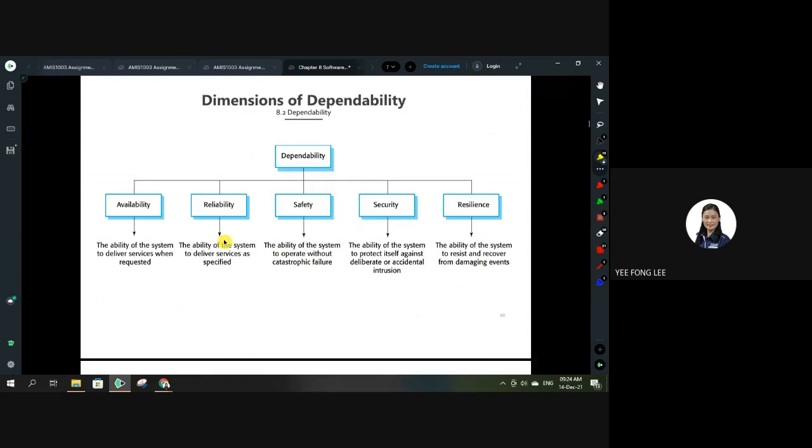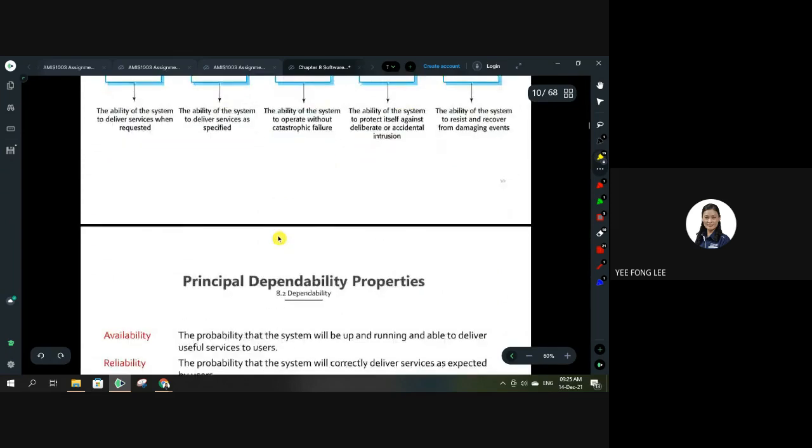Reliability could also include timeliness, ensuring the information is delivered when it is required. There are still some more sub-attributes belonging to each dependability attribute; you can refer to the appendix previously.